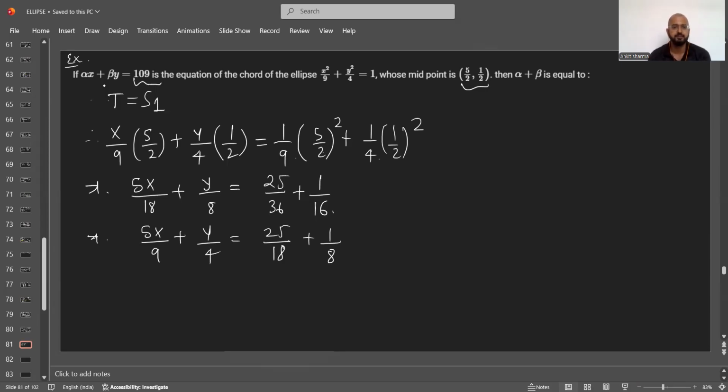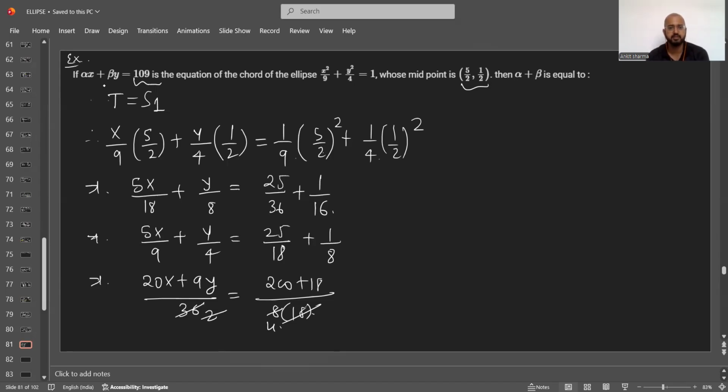So now let's multiply. So I need now 9, 4 into 5 is 20x plus 9y over 36 is equal to 25 into 8 is 200 plus 18 over 8 into 18. So from 18, I'm going to cancel 2 here, and then with this 2, I'm going to cancel 4 here. And with this 4, can I cancel these things? No, I guess no. So let's go ahead. But with this 4, I can cancel half of them.